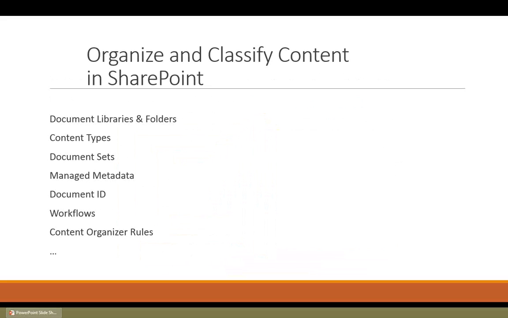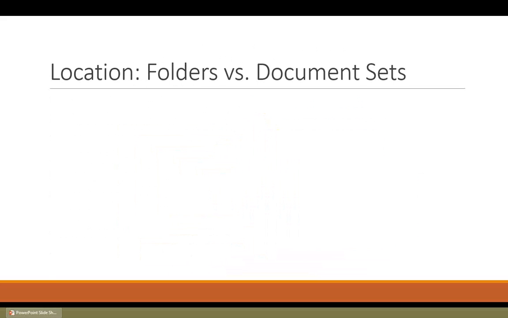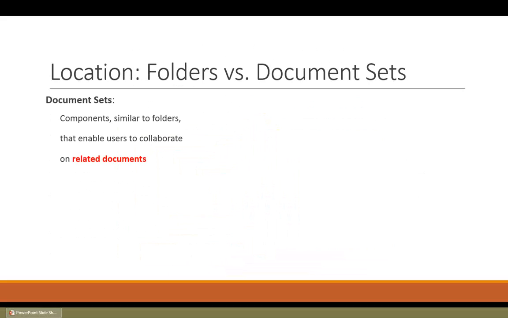All right, let me show you document set. Document set is a component in SharePoint, and it was new in SharePoint 2010, and it has been improved for SharePoint 2013. Document sets are similar to folders, and they enable users to collaborate on related documents.